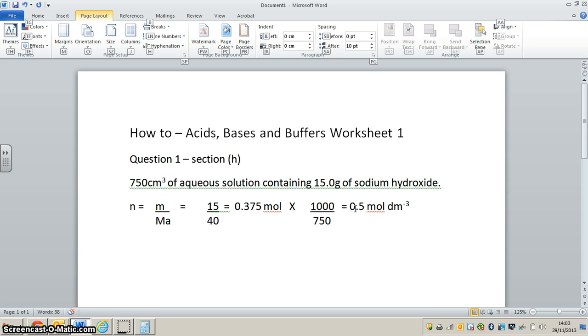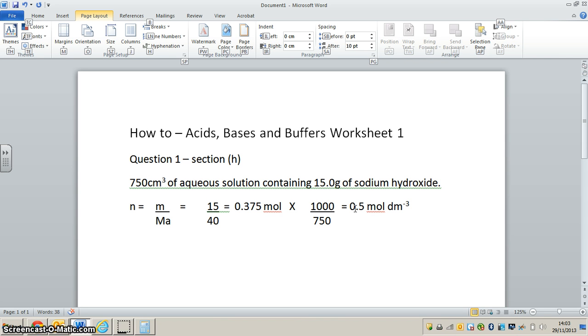And we know that sodium hydroxide is one of our strong bases or alkalis, so we can assume 100% dissociation. So pOH now we can do quite simply by just taking the log of the 0.5 mole per decimetre cubed, which will give us a value. And if we then take that value away from 14, we should end up with the correct pH.